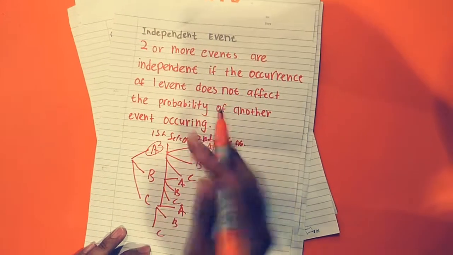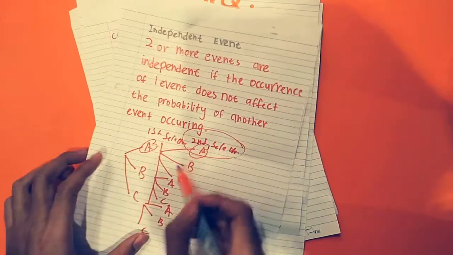So the A will not disappear in the second selection. It will still be the same.